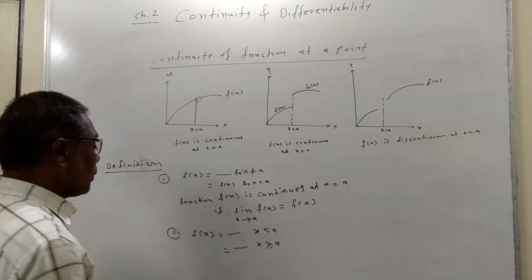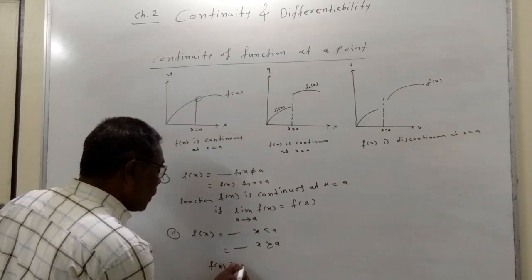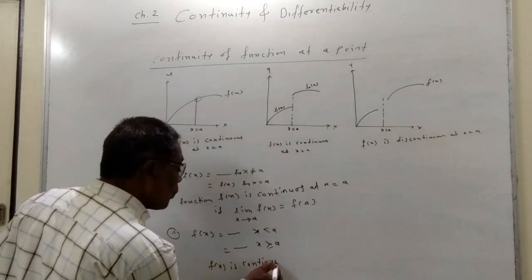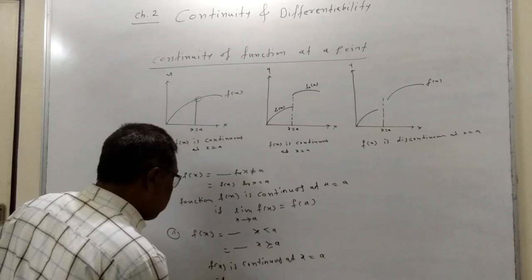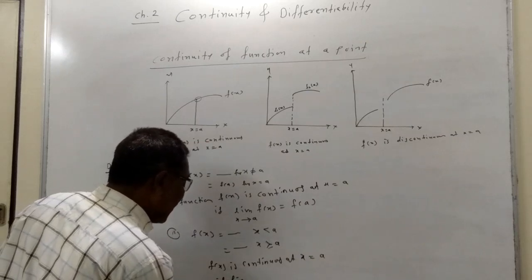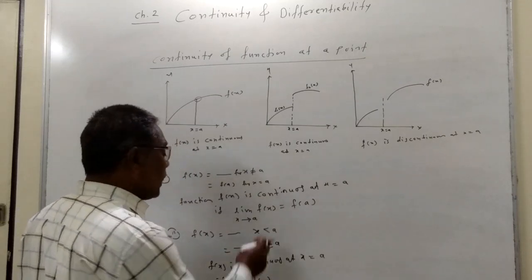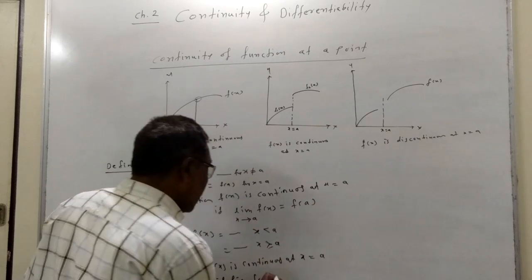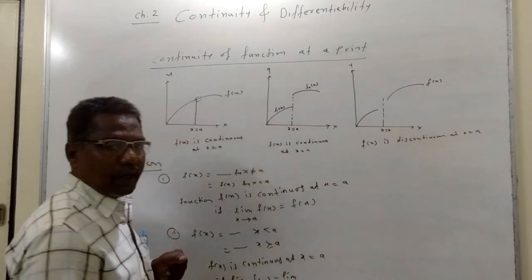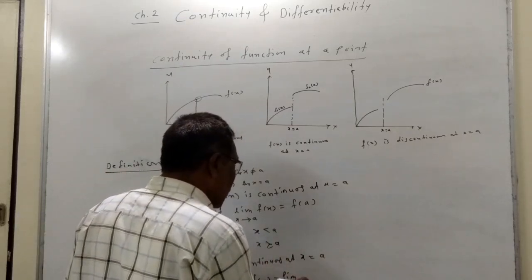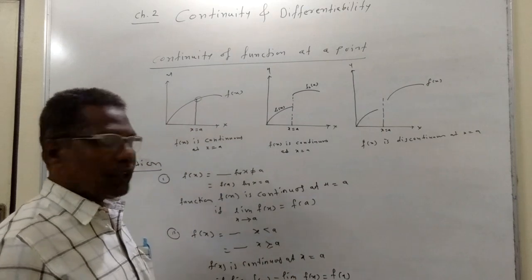Now for this function, f of x is continuous at x is equal to a if limit x tends to a minus f of x, where a minus means x less than a, is equal to limit x tends to a plus f of x, where a plus means x greater than a, is equal to f of a. F of a means the value of the function at x is equal to a.